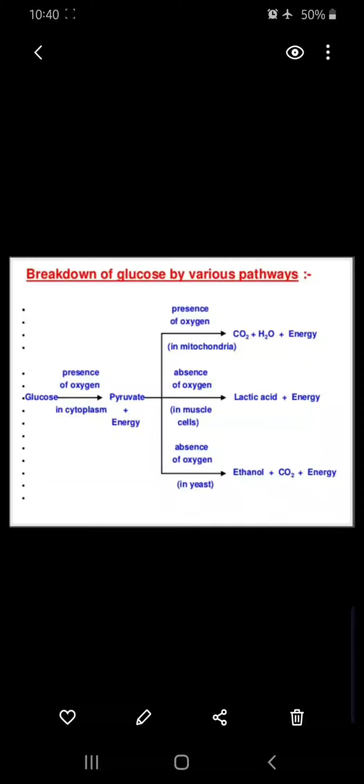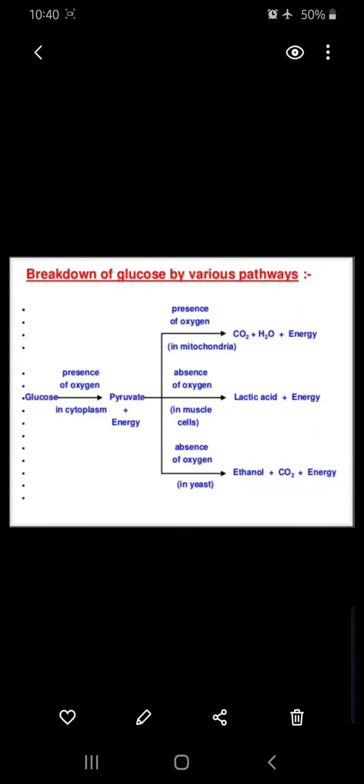Here is the pathway for the breakdown of glucose in various conditions. First, you can see in the presence of oxygen in the cytoplasm, glucose is broken down into pyruvate and energy.